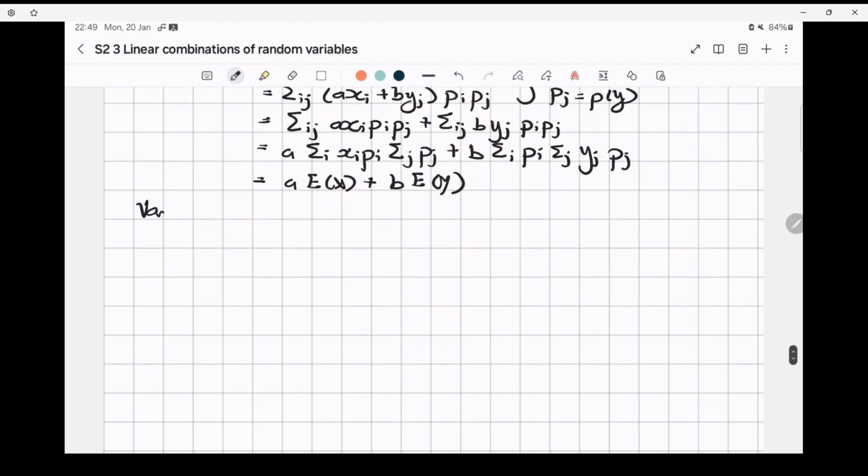So for the variance of aX + bY, the same thing, you go through all the definition.